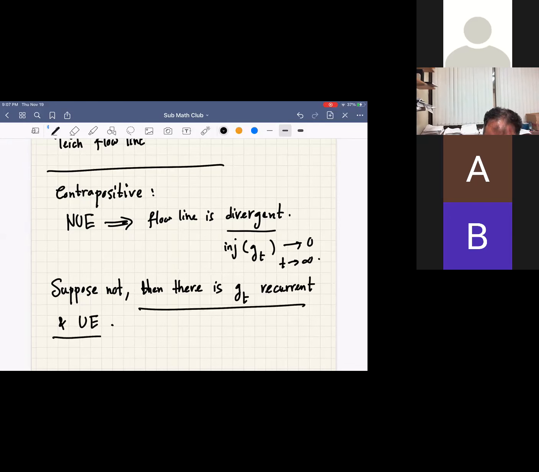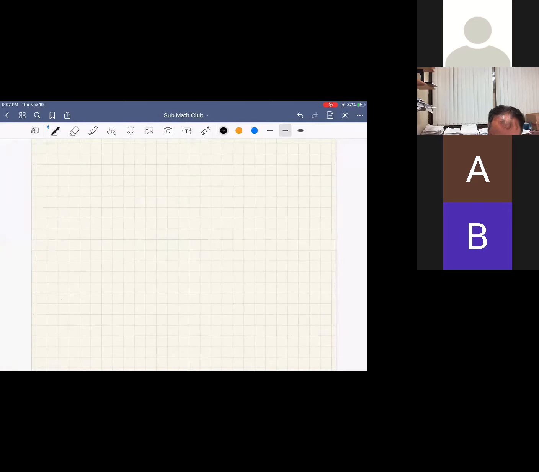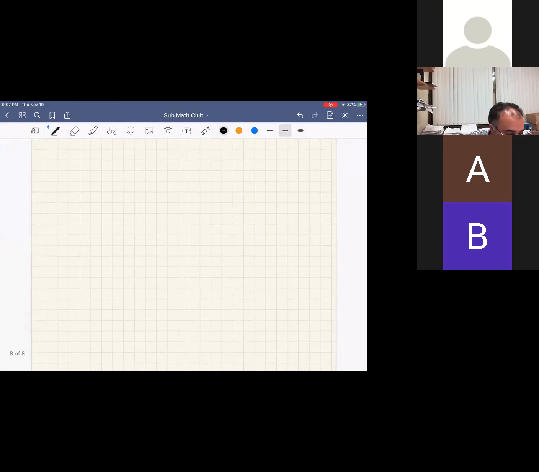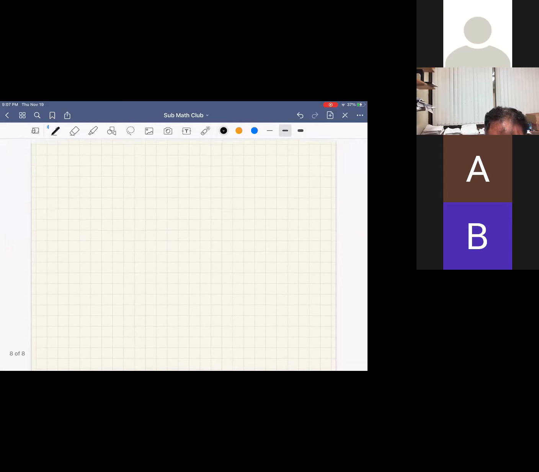So let's see how having such a flow line is going to produce a contradiction. This is going to use quite a bit the picture of the titular flow and this other formulation of ergodicity.